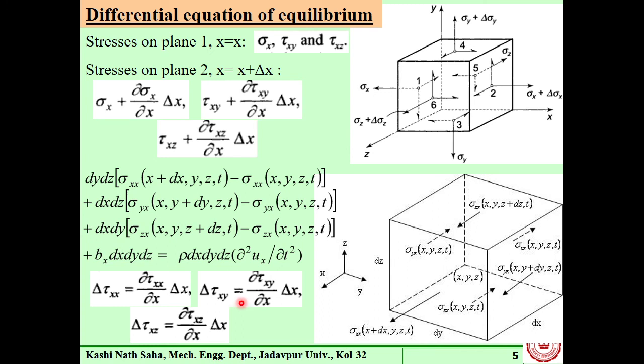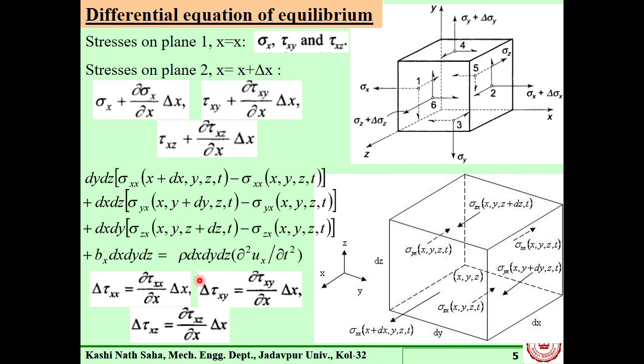So from these terms we are getting this volume element once again. It will give us dx dy dz. From here along the y direction, we will get delta y. For the z direction, we will get delta z.